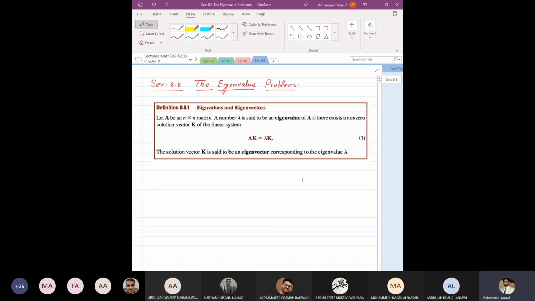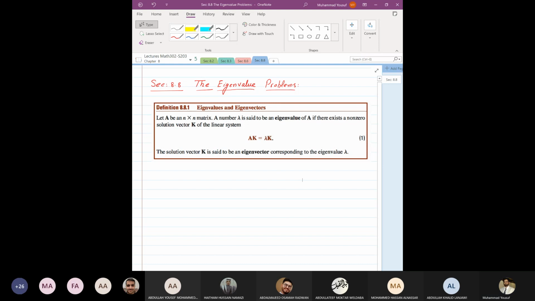The solution vector K is called an eigenvector corresponding to the eigenvalue lambda. So this is the definition. The word eigenvalue is a combination of German and English terms, adapted from the German word eigenwert, which we translate literally as proper value. So this is some history about this one.